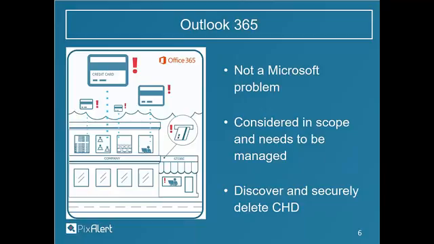Is it considered to be part of your cardholder data environment? Microsoft has made it clear in numerous publications that they are not responsible for other organizations' PCI compliancy issues. So CHD in Outlook 365 is an issue that organizations have to deal with.